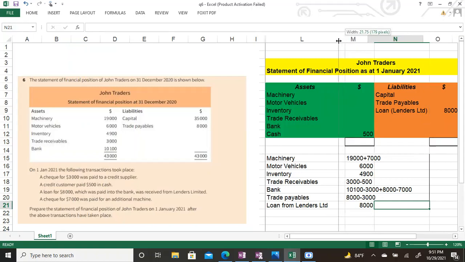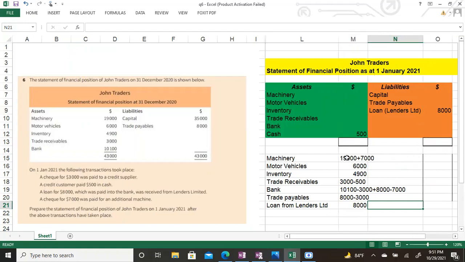Let's take the total here. So 19 plus 7, this will become 26,000. Motor vehicles is 6,000, no change. Inventory will remain the same. Trade receivables will become 2,500, 3,000 minus 500.